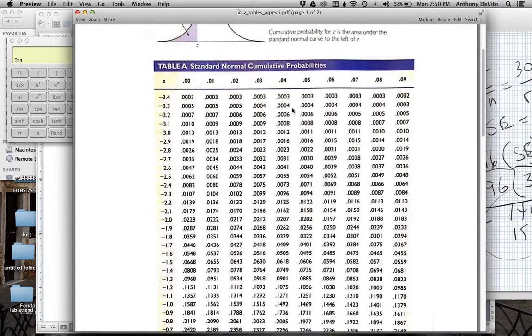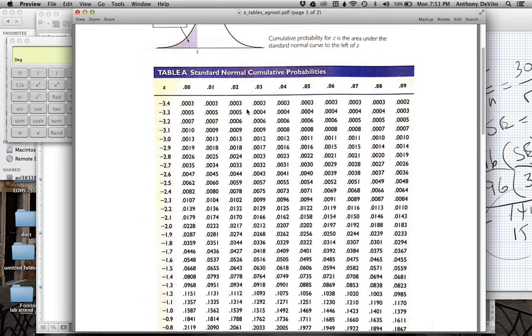Okay, so I'm going to do the same thing I did before. 0.005, the area that represents in that tail 0.005. I'm looking for the area inside this table. 0.005 looks like right about here.